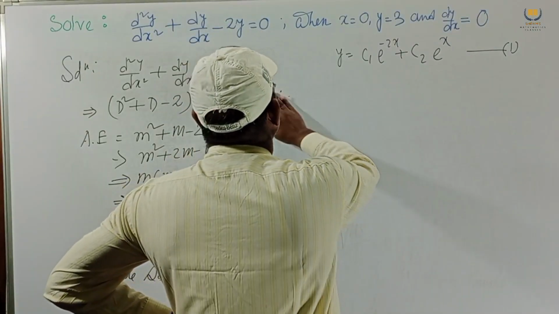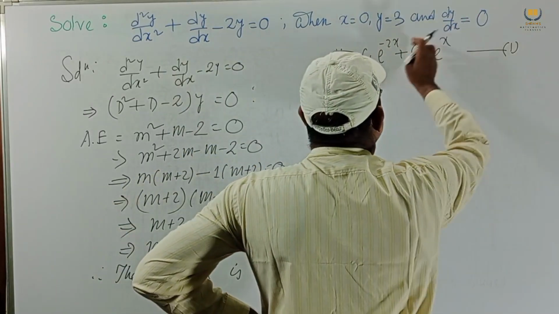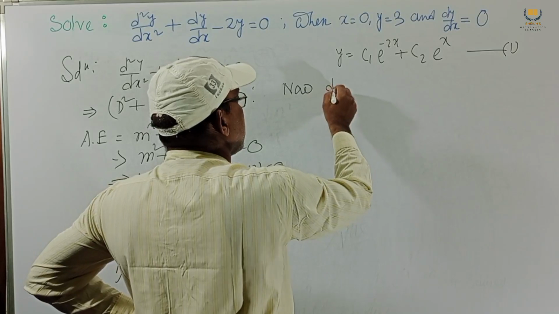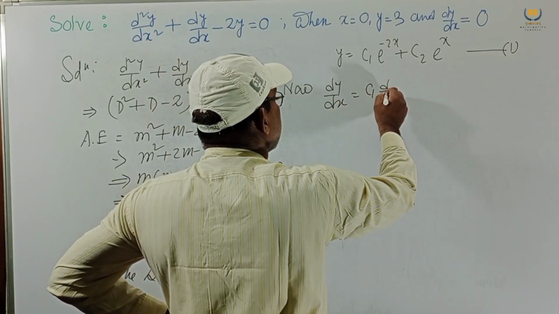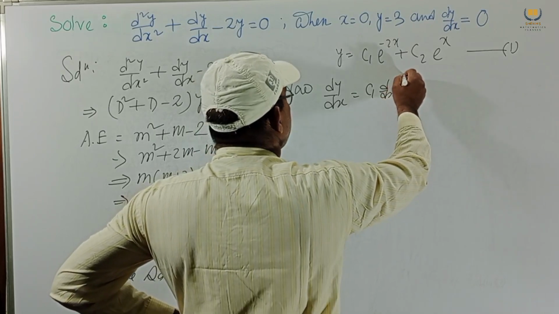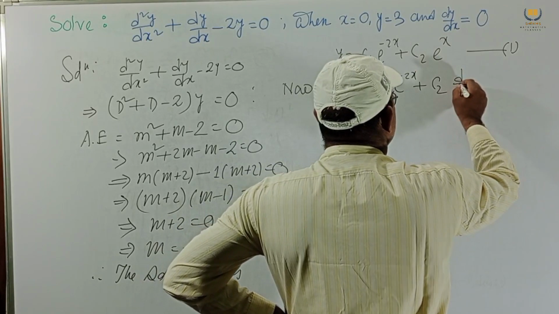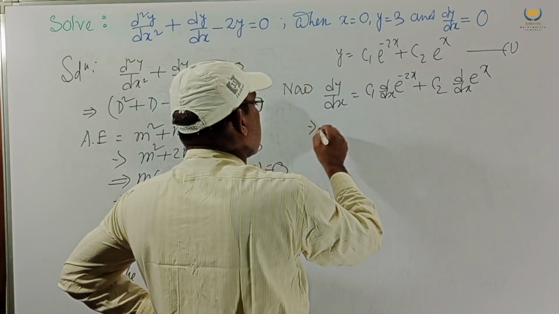So we differentiate this, since dy/dx is given. Now dy/dx equals c1 d/dx of e to the power minus twice x, plus c2 d/dx of e to the power x.